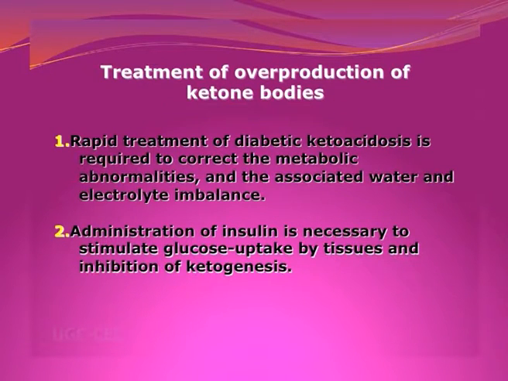Now, coming to the treatment of the overproduction of ketone bodies, we have to be very sure that in these patients we maintain a proper water and electrolyte balance, and we must also treat them with insulin from external sources that will stimulate glucose uptake by the tissues and inhibit ketogenesis.